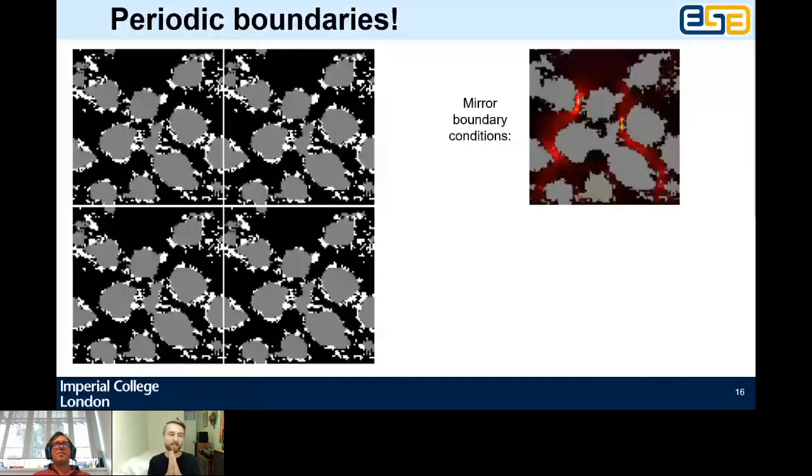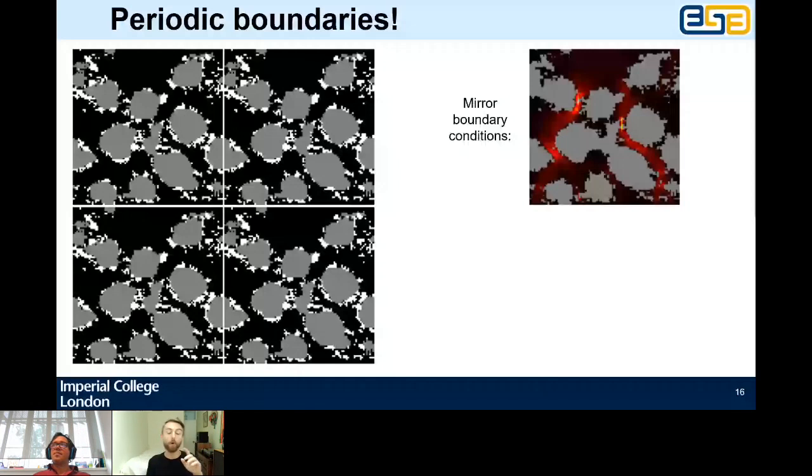So to give a visual example of that, here's just a 2D slice, and I'm simulating diffusive flow through the black phase from top to bottom. And the bright orangey red bits show regions where the flux density is high, where it's moving faster. And that's with mirror boundaries imposed on the left and right-hand side of the microstructure.